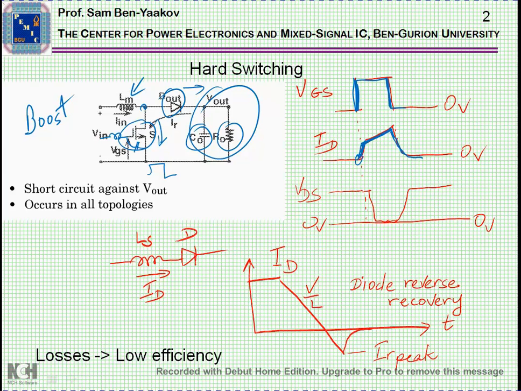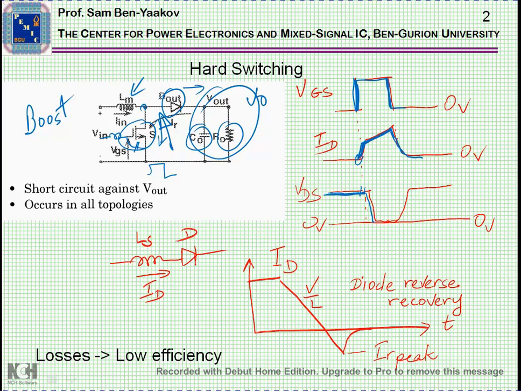While the current is going up and down, of course, the voltage across the transistor, that is this voltage here, will start from the high voltage. This will actually be the output voltage, which we see when the transistor is turned off, and then the voltage will go down as the transistor starts to conduct. Now again, this drop is not immediate, it takes some time, there is some delay.